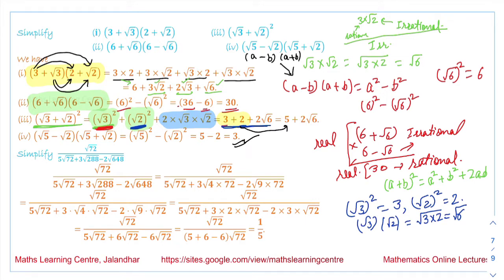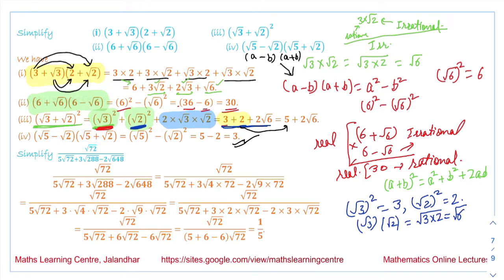Now in the next question we have to simplify the value of square root of 72 over 5 square root 72 plus 3 square root 288 minus 2 square root 648. We are going to simplify the values first.